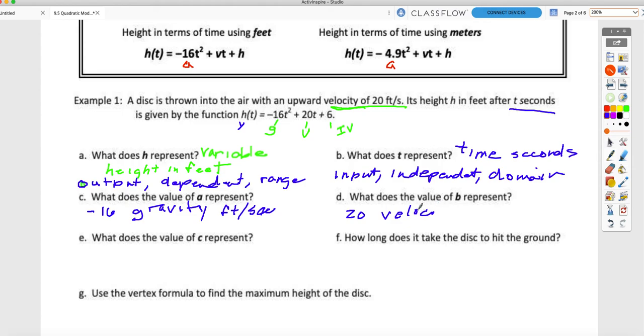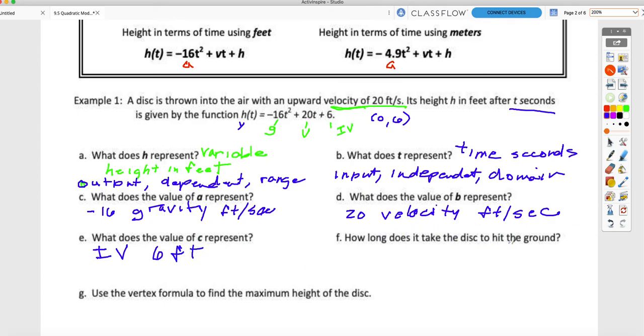Velocity is speed, yes? And it says that that is in feet per second. So your units all line up. That's the important part. What does the value of C represent? C is right there, and that tells me that I had an initial value of 6 what? That's a y-intercept. So that 6 is a y value, and it is feet.